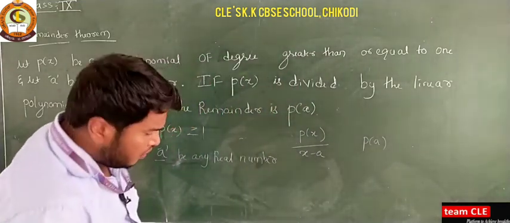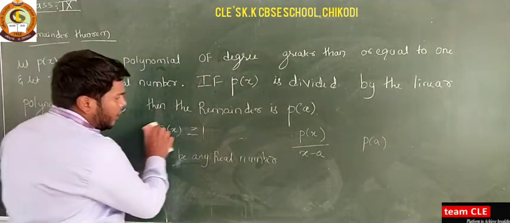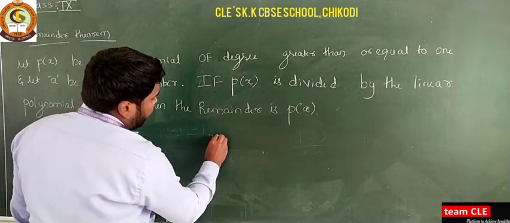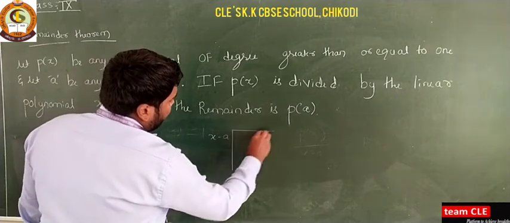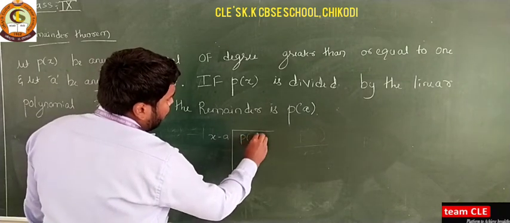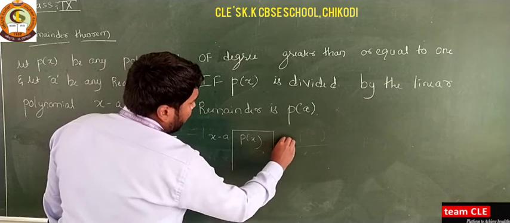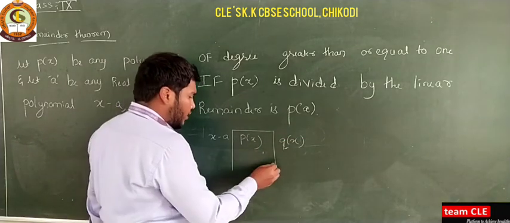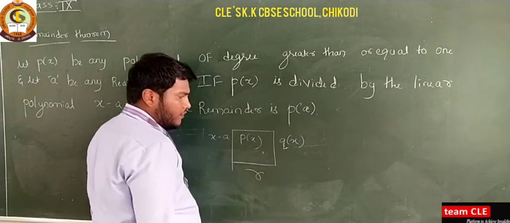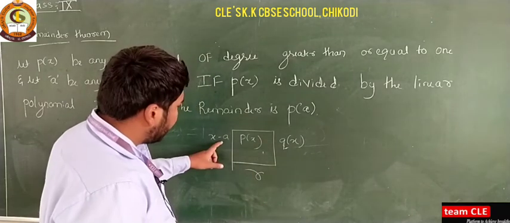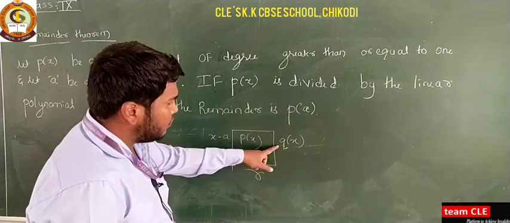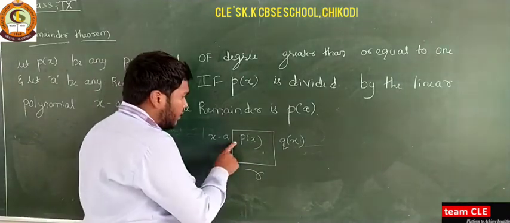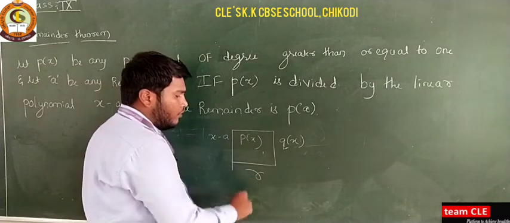What the statement says, dear students, is that when you divide p of x by x minus a, you get the quotient q of x and the remainder r.